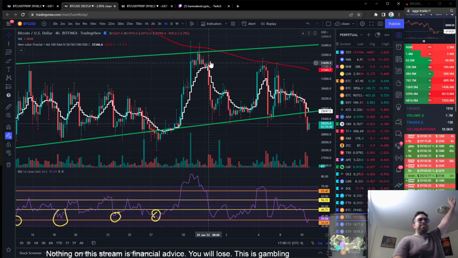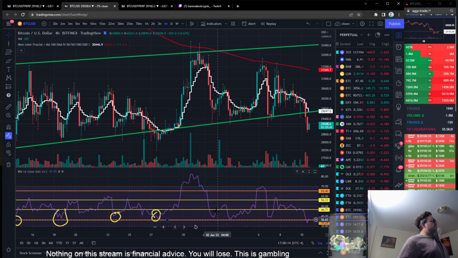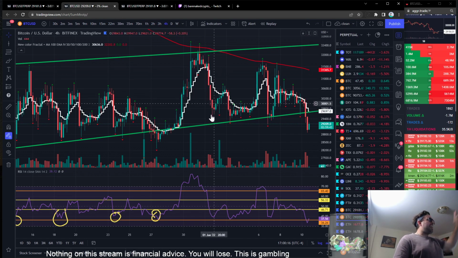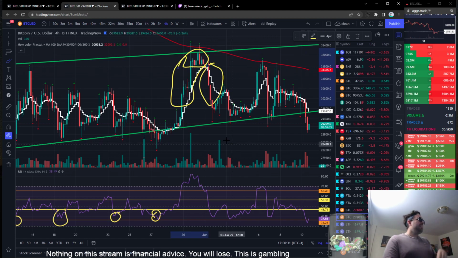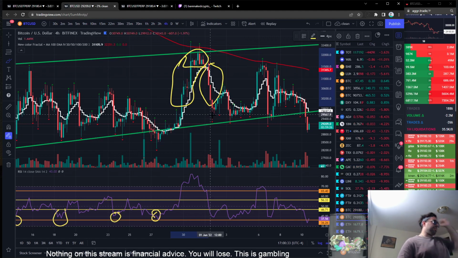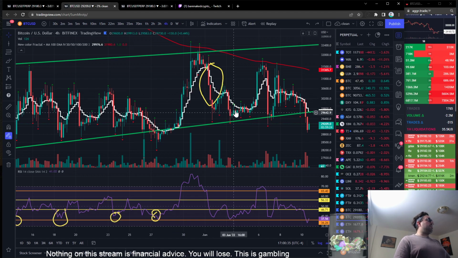We went all the way up to 32,500. We crashed all of that in 2 candles, right? Look at that. That's another thing you always want to be careful of, watching to see if it's more bullish or more bearish. If 2 4-hour candles overtake pretty much this entire box area right here, I don't know how many candles that is, I'm not going to count it, but that's probably about 10 or 12 candles that just got totally wiped out by 2 candles.